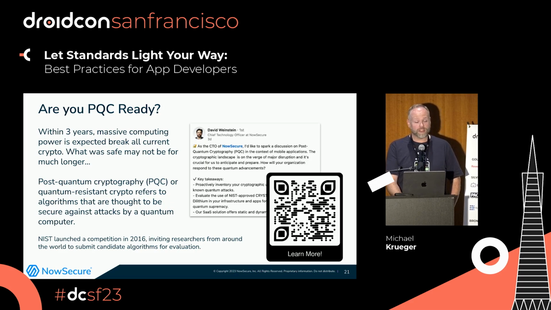But within 3 years, we expect, and other experts, especially within the mathematics and computational fields, say within 3 years, the computing power will be sufficient enough to break all current cryptographic operations. So AES, RSA, all broken by the advances in quantum computing.